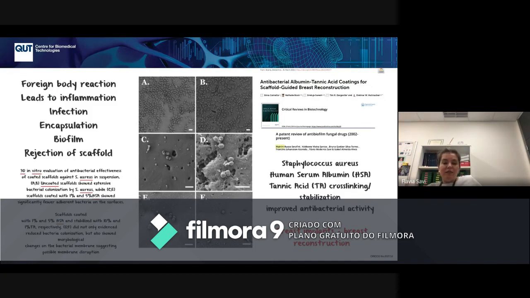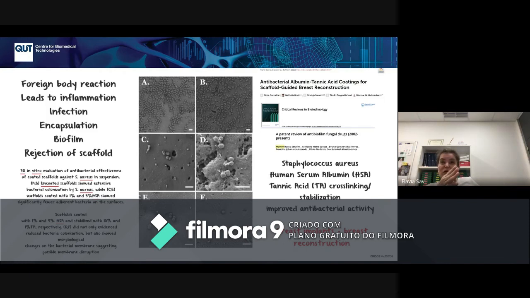So it improved the antibacterial activity of this scaffold even further. You can see that there are some differences, much less bacteria on the scaffold structure, and it also showed morphological change on the bacterial membrane, suggesting the possibility of membrane disruption, which is really good.